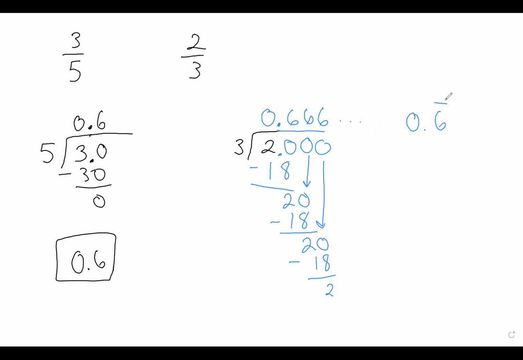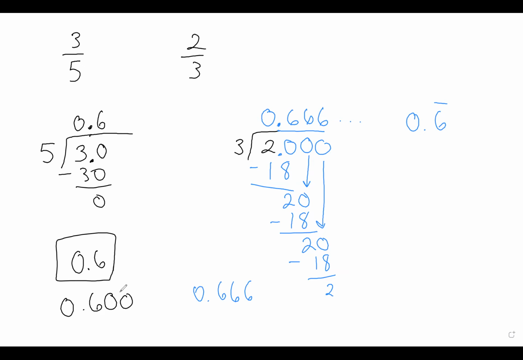But back to the original question, how are we going to compare this to the other decimal? Well, the way I think about it is for the first decimal, if there's something repeating after the 6, it's just a bunch of zeros. So let's just write a couple zeros here, 0.600. If I compare that with 0.666, that is greater than 600.